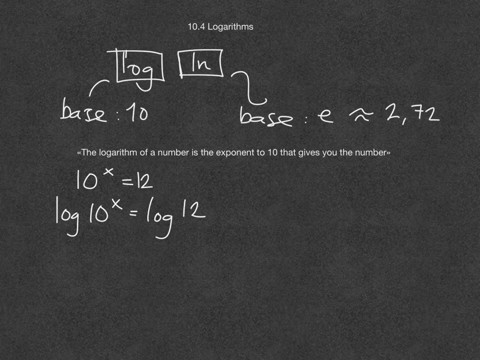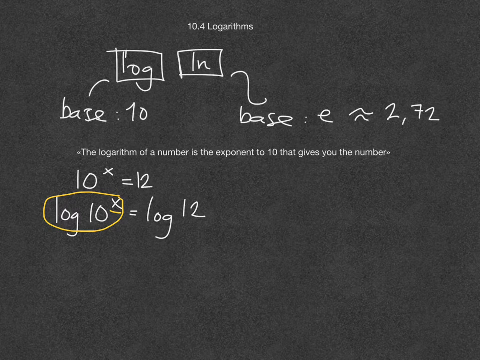So, consider what you have on this side here. Yeah, you have the logarithm of 10 to the power of x. Now, this rule here says the logarithm of a number is the exponent to 10 that gives you the number. So here you have an exponent to 10, and the logarithm of 10 to the power of x is the exponent to 10 that gives you 10 to the power of x.